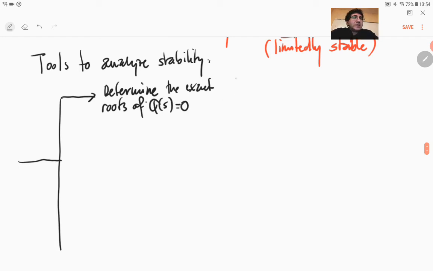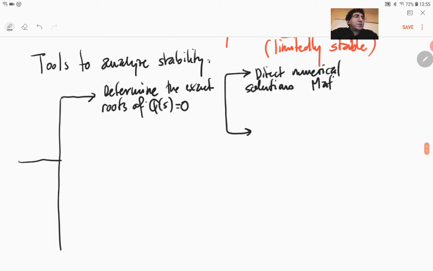You can do this obviously by using direct numerical solution. For example, in MATLAB, you have the roots function.